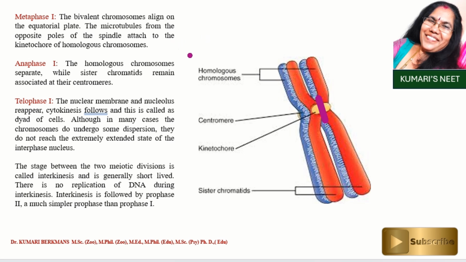And let us see what is metaphase 1. I already explained what metaphase is. Just like mitosis, the centrioles of the cell move towards the opposite poles and produce spindle fibers. These spindle fibers are very, very important at the time of cell division.